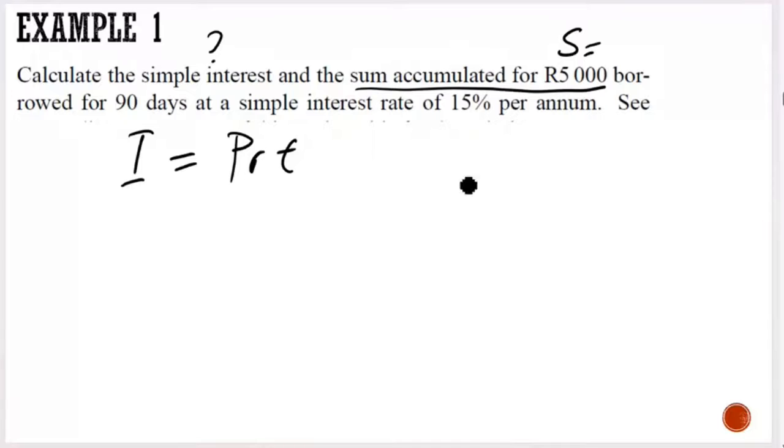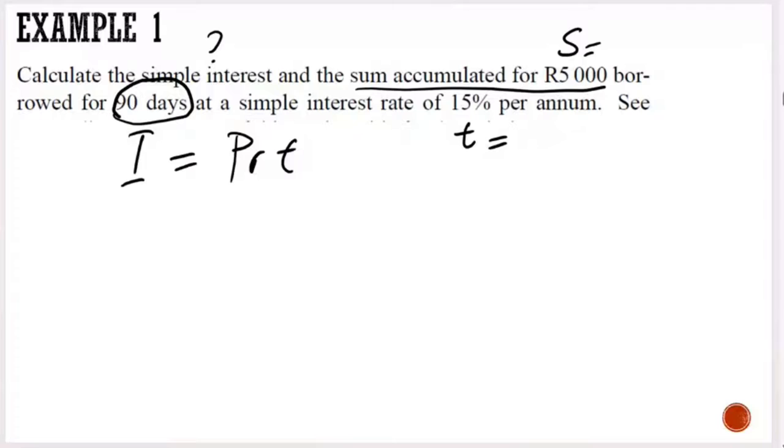It's borrowed for 90 days. Can you see now? This amount is not per annum, but it is days. So now the components of your formula, you need your present value, you need your interest rate, you also need your time.